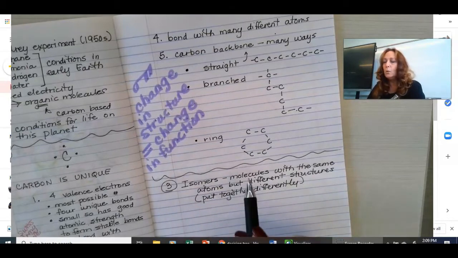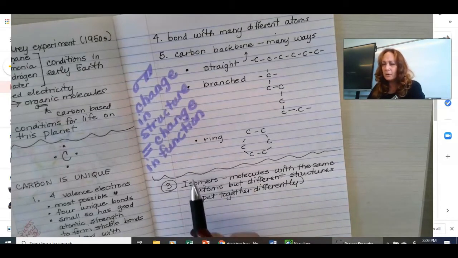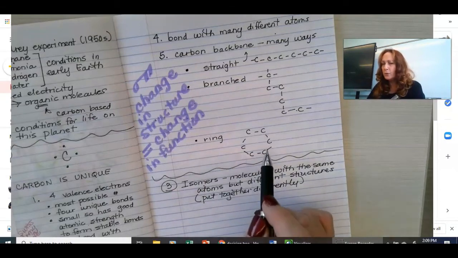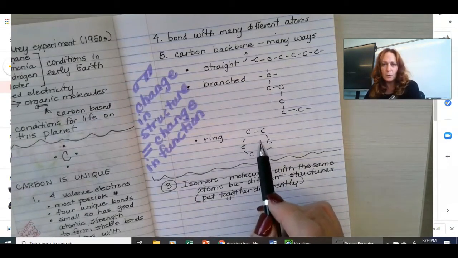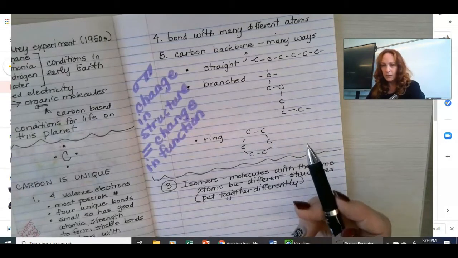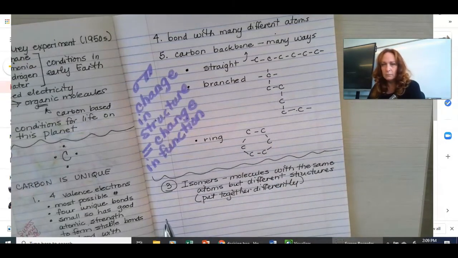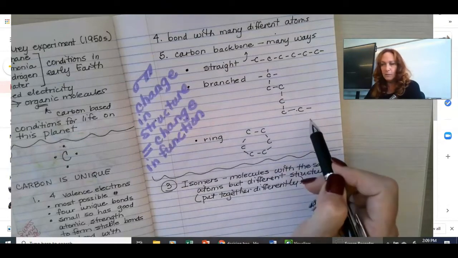But can you put all those pieces together differently? Yes, I can. Is it still glucose? Yes, it is. So we would have to preface with the reasons, but there's a reason why they're in different forms. Aqueous, water, ring. Not aqueous, tends to be branched.